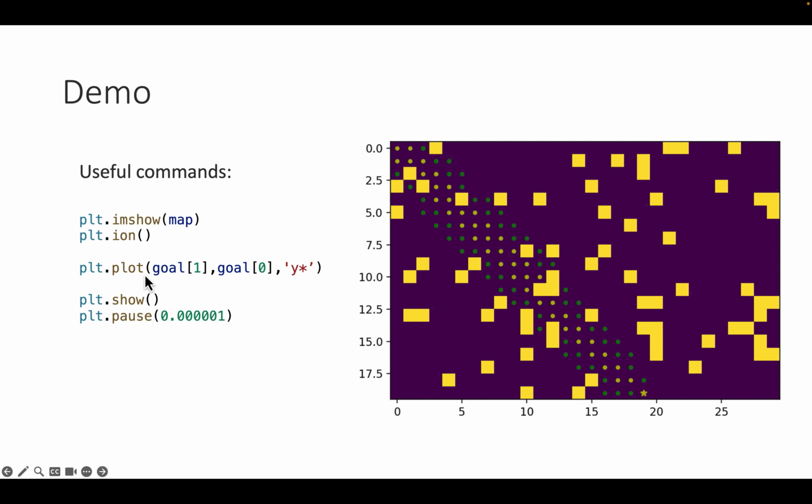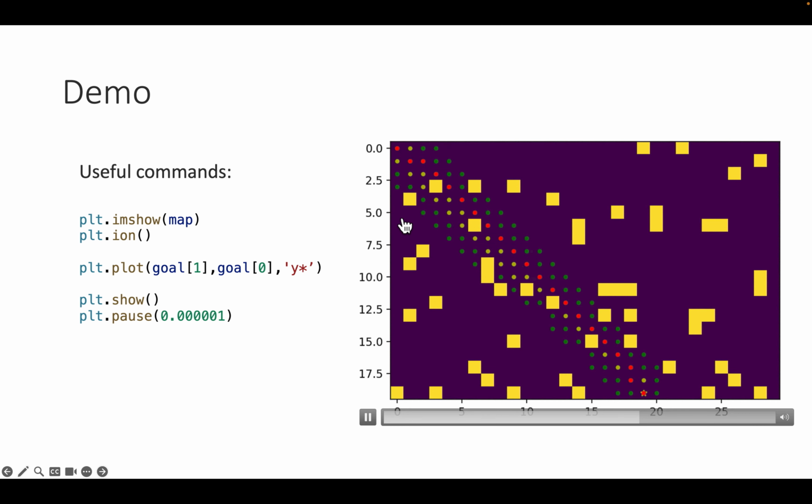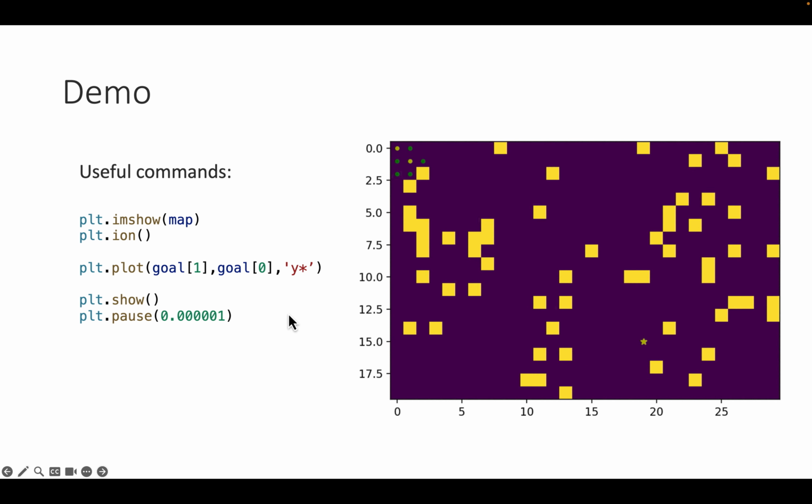So whenever I compute a new cell, I can show it and then pause a little bit so that the map actually updates. And here I plotted the goal using a star in yellow. The other ones are green and red, so you can guess the characters for those. And I'm using the dot to print these points.